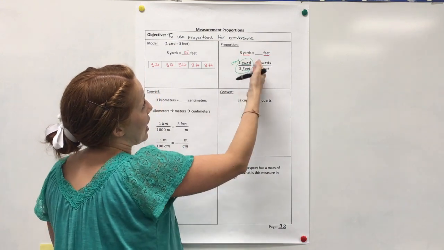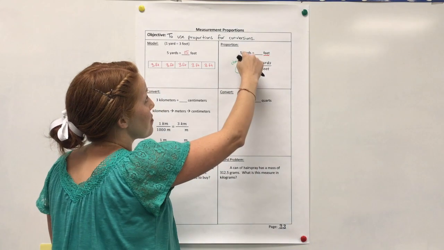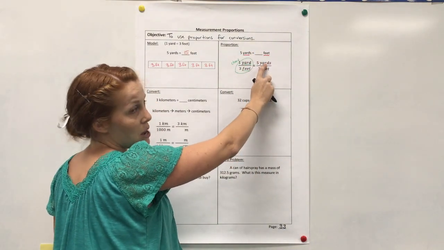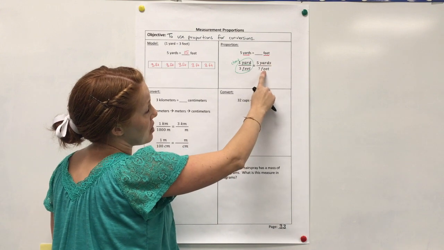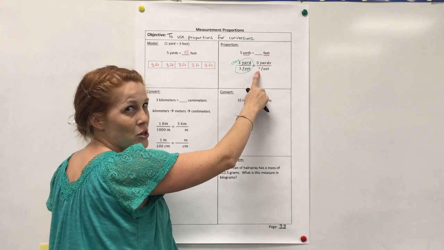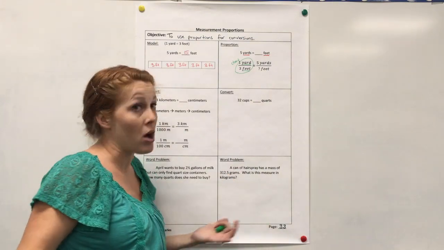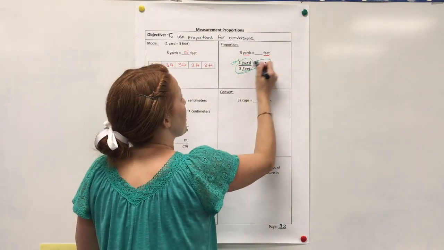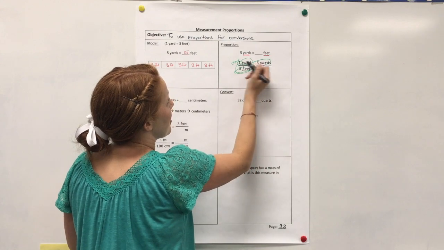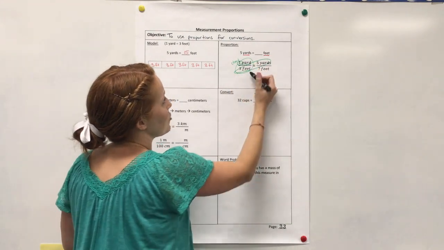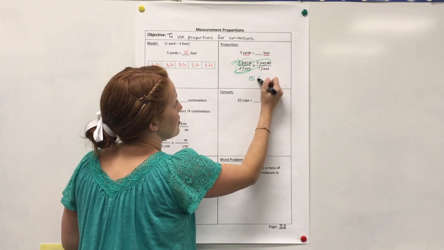Then I look at what it's asking me. It's asking me for 5 yards. Since yards is on top, I put the 5 yards on top here, and the feet goes on bottom, and my X, or my unknown, would be here. And how could I solve this? Well, I could always use bat and ball. So 3 times 5 is 15, and then I could divide by 1. Well, 15 divided by 1 is still just 15 feet.